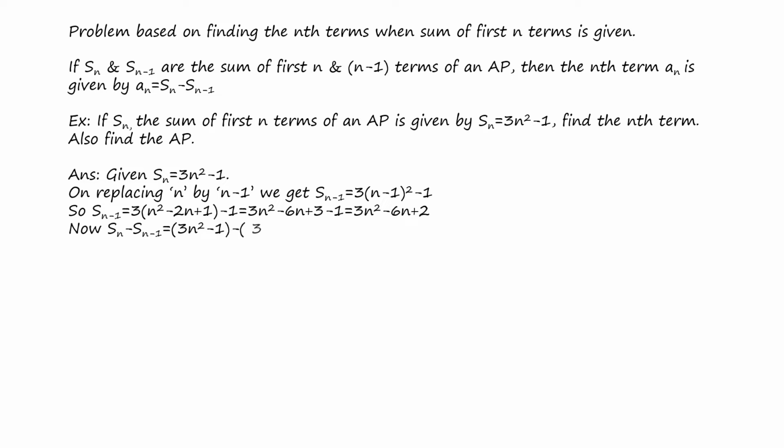Now, Sn minus Sn minus 1 is 3n square minus 1 minus 3n square minus 6n plus 2. That means an equals 6n minus 3.